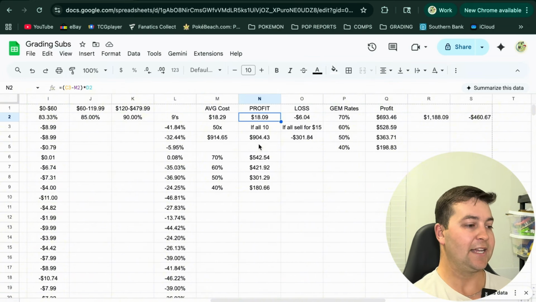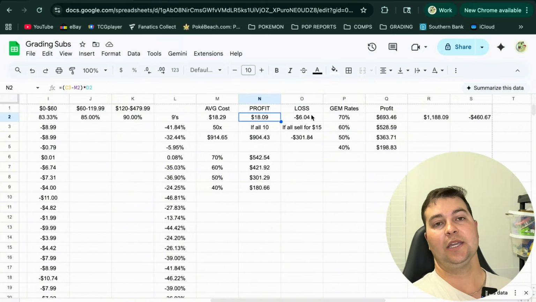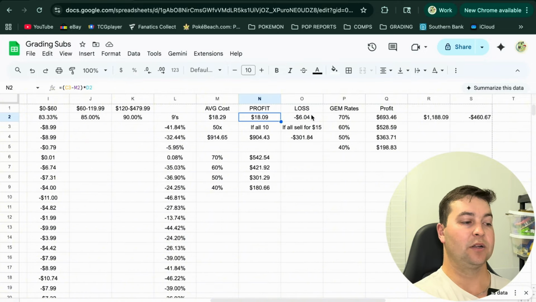So if all of them got a 9 with all selling for $15, because I know that's not always, they're not all going to get 9s and 10s. There's going to be some 8s, 7s, some 4s. I missed a huge crease or something like that. So I would potentially lose $300.